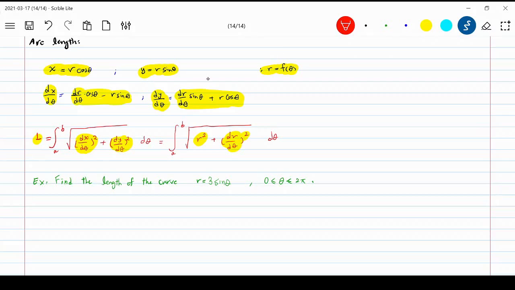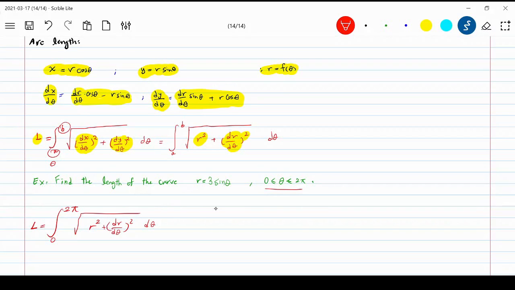So for example, if you want to find the arc length of the curve r equals 3 sine theta from 0 to 2 pi, the length becomes the integral from 0 to 2 pi. These boundaries are for theta. We calculate the square root of r squared plus dr over d theta squared.